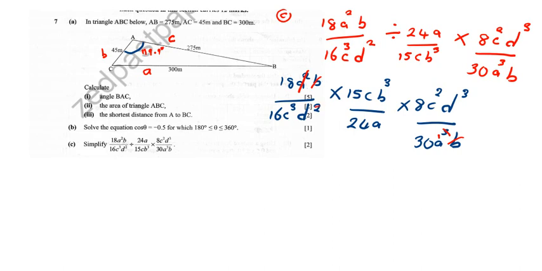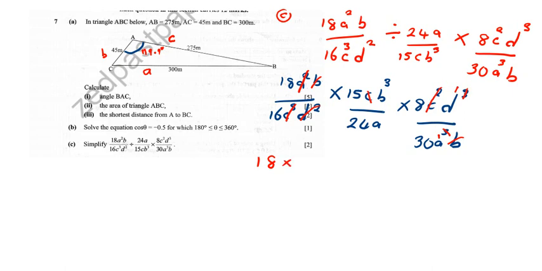So 2 will go, and 3 we subtract 2, we are remaining with 1 d. So we go to c. So on top we have 15c and 8c squared. So when we multiply those, we are getting c to the power 3. So this c to the power 3 we will cancel, and then c and c to the power 2, they will go.